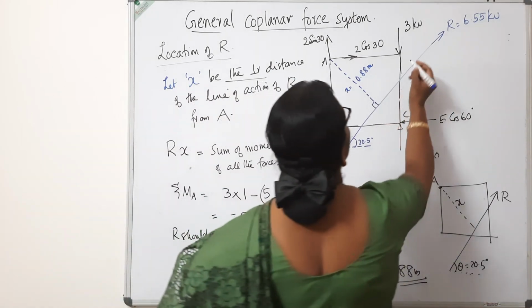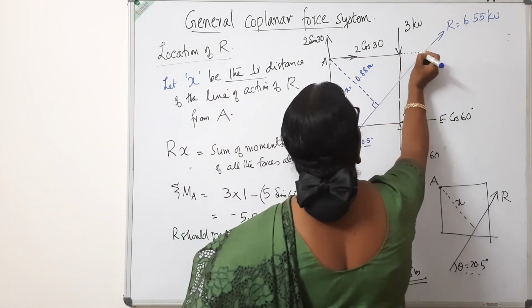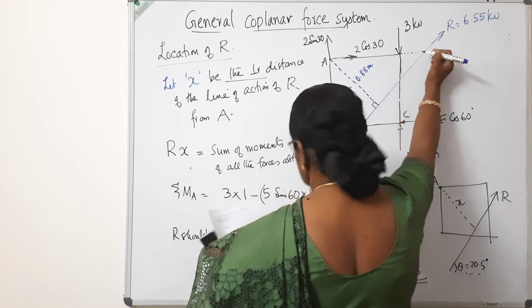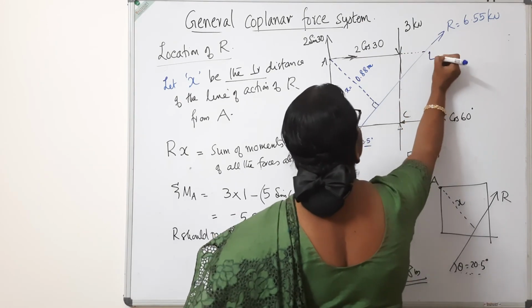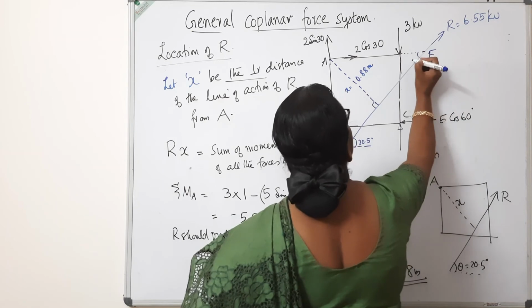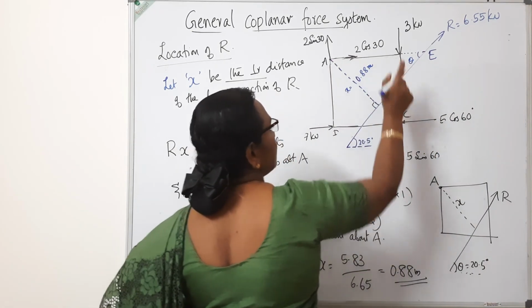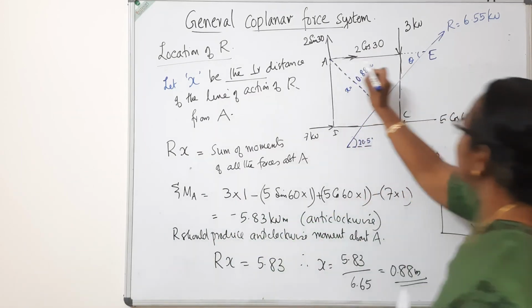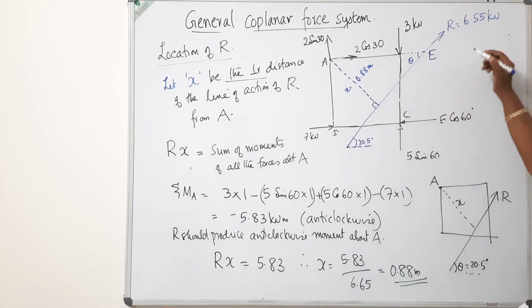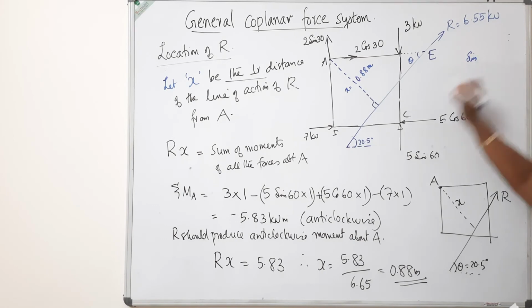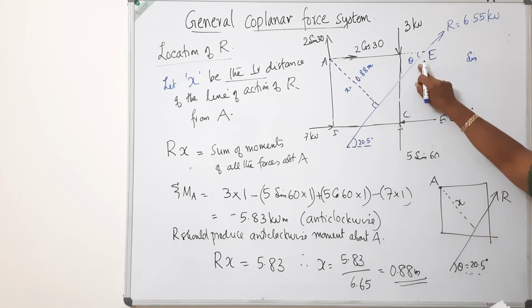If you want to make it more clear, suppose I extend this and let it be E. So this angle is also theta. If this is theta, this is theta. I can find out this distance AE, how much horizontally it is placed from A. Sin theta, this is theta, this is also theta.